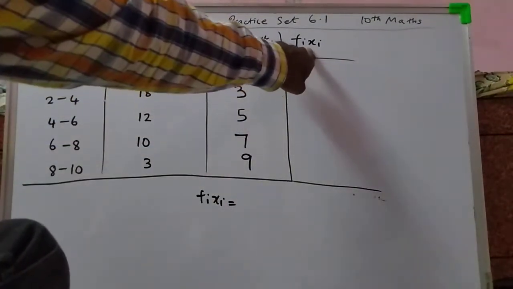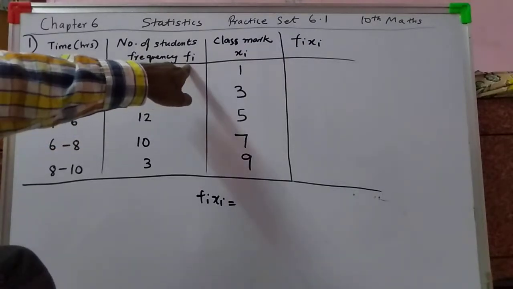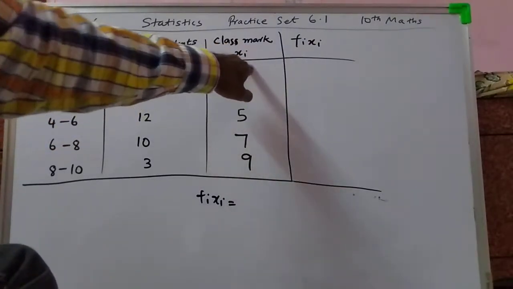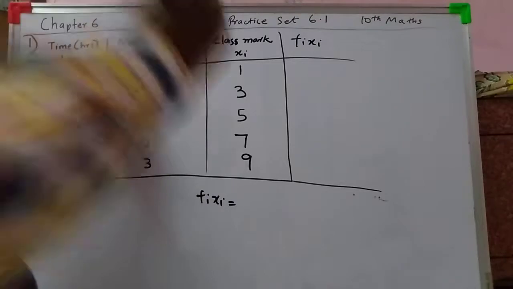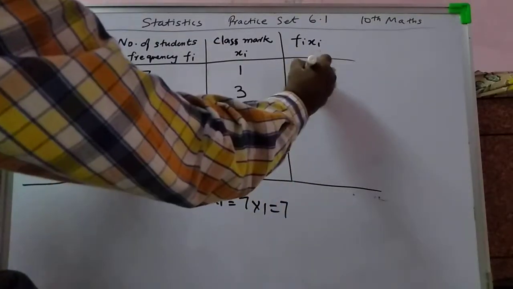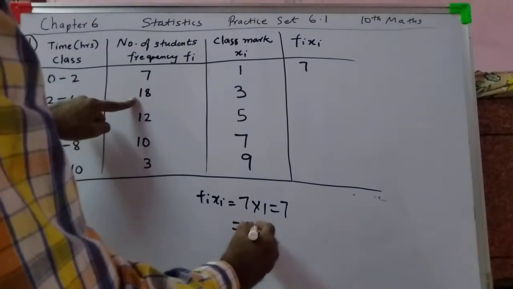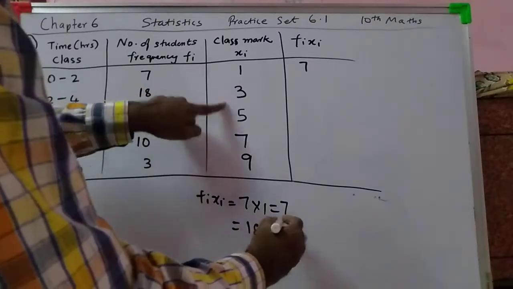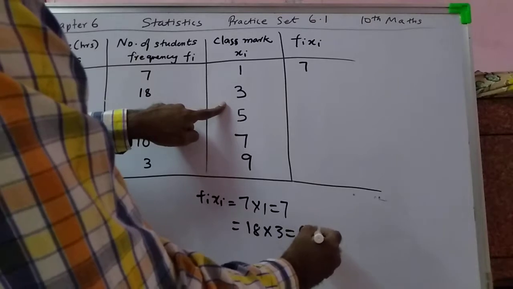Now we'll calculate this. Means you have to multiply fi into xi. Okay, fi into xi: 7 into 1, 7. 18 into 3, 54.